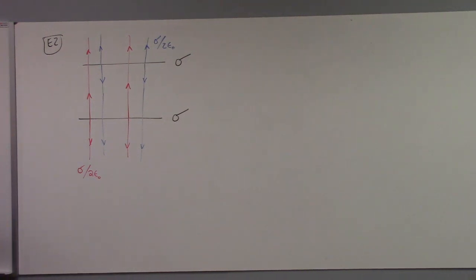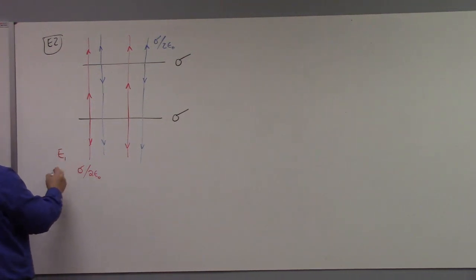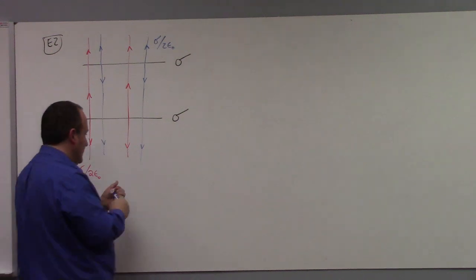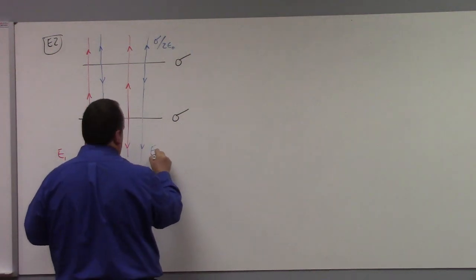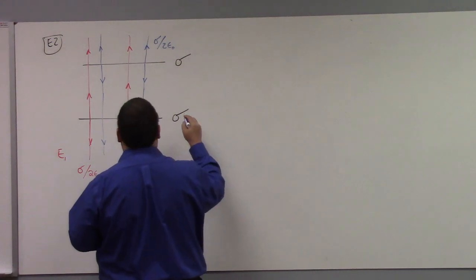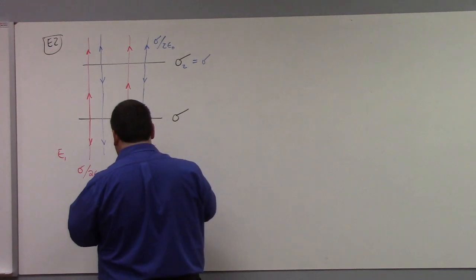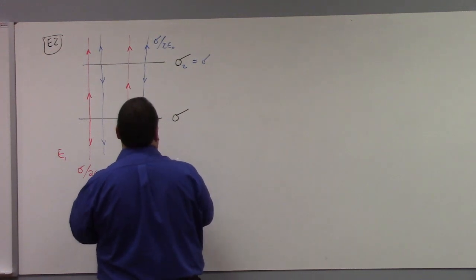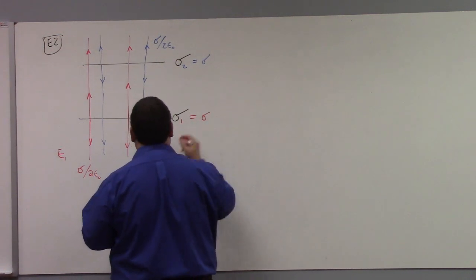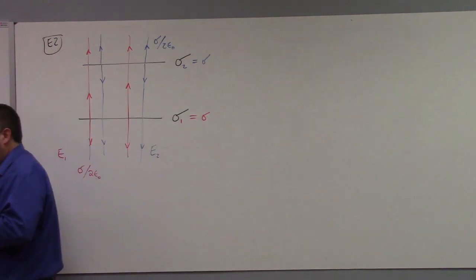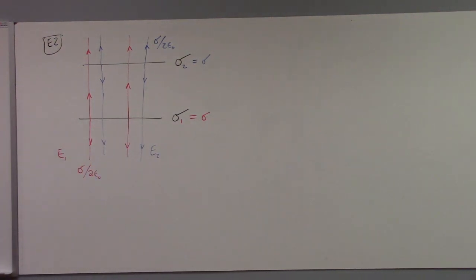So you could talk about this as E1, right? And you could talk about the other one as E2, right? Say sigma 2 equals sigma, and sigma 1 equal to what? Sigma, yeah. For the sake of making this problem easier than your homework.